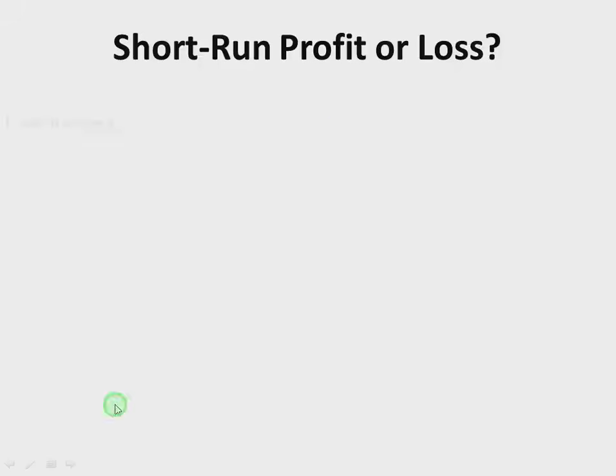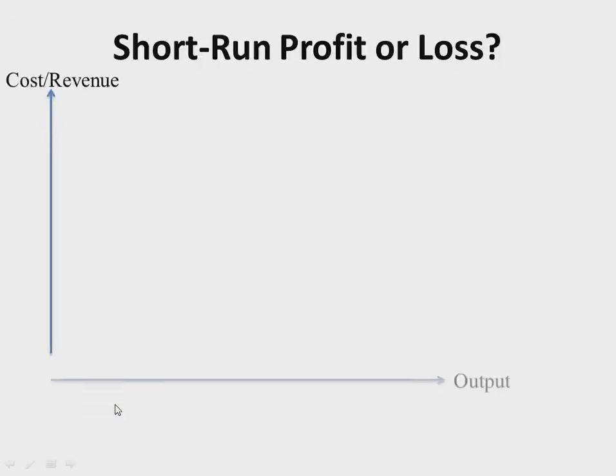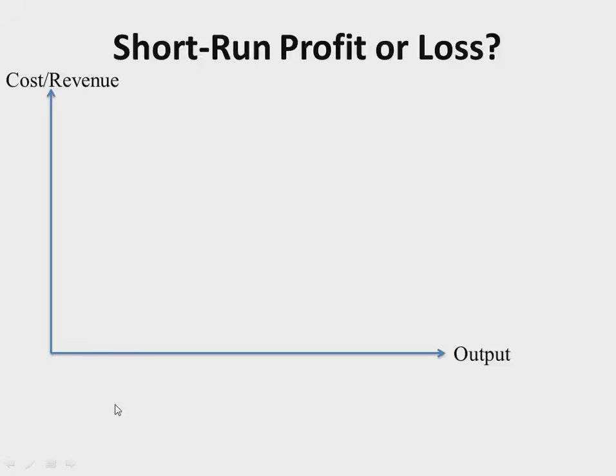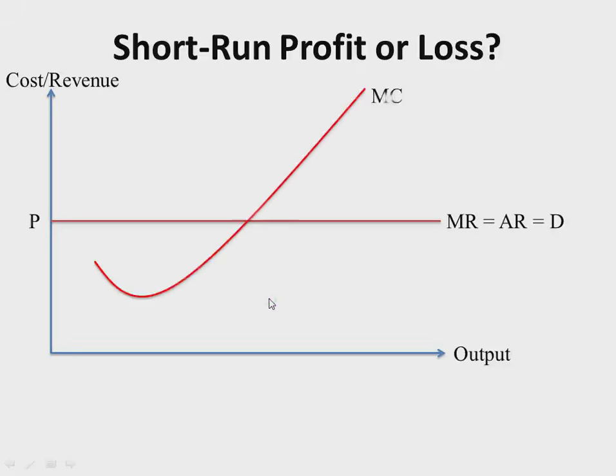Let's look at the economic losses for the perfectly competitive firm with cost or revenue on the vertical axis and the output level on the horizontal axis, and our perfectly elastic demand curve. At this elastic demand curve, if we draw our upward sloping marginal cost curve, we will have output Q star, which is the profit maximizing output.